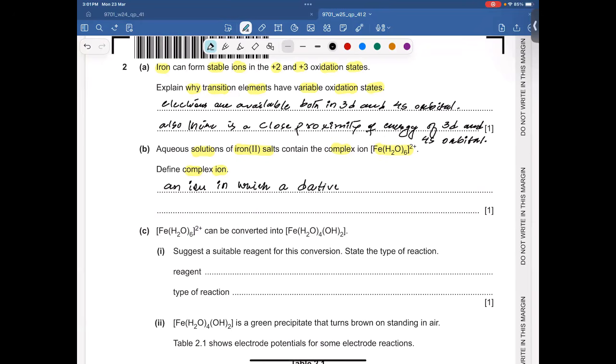Dative bond is also called coordinate covalent bond, between ligand and transition metal ion.